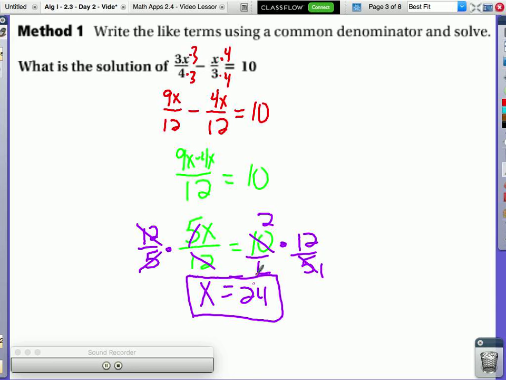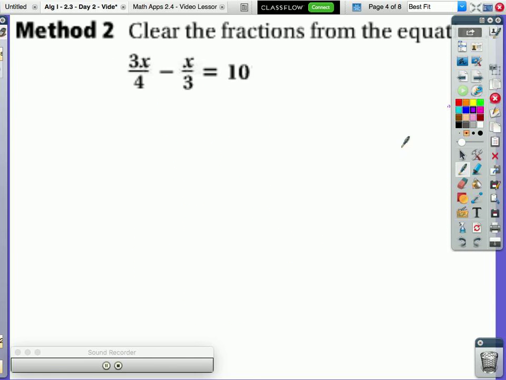All right. Now the exact same problem, we're going to do one other method. All right, this is clearing the fraction, so if you don't want to work with fractions, you don't have to. All right, so we want to eliminate the fractions, so we just have integers, easier to work with. So very similar to the other one, but we're going to write an equivalent equation.